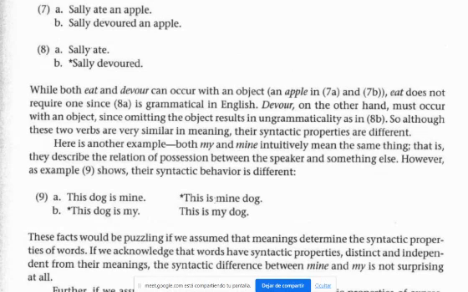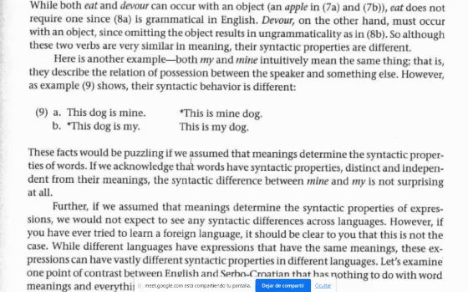"This is mine dog" and "This dog is mine." And then here, "This is my dog." Two of them are syntactically ill-formed and two of them are well-formed. This fact would be puzzling, it's confusing, if we assume that meaning determines the syntactic property of words.